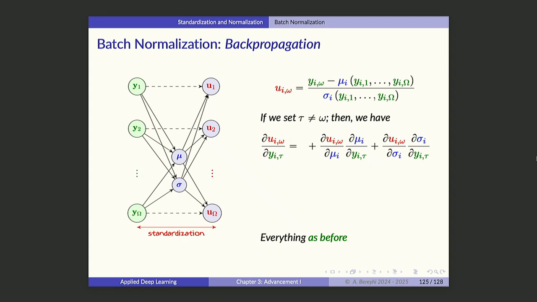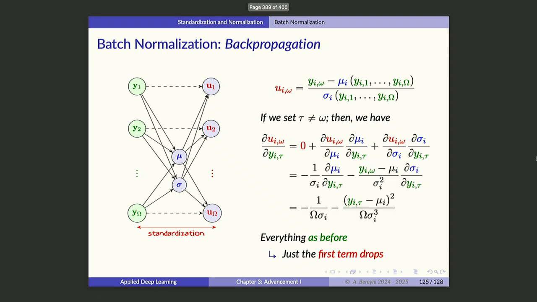It's 0, because u1 is not directly connected to y2. The remaining derivatives are the same, so you end up with the same expression as before, without the first one.